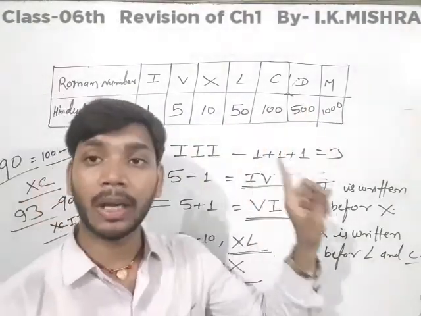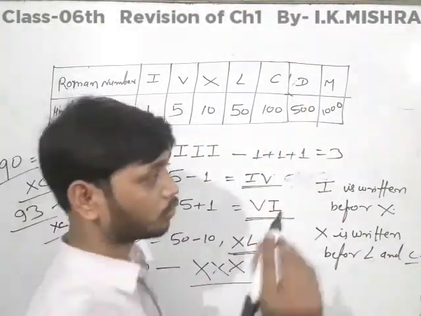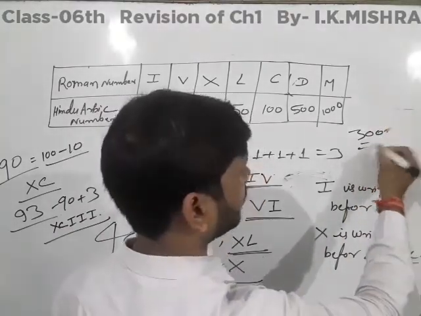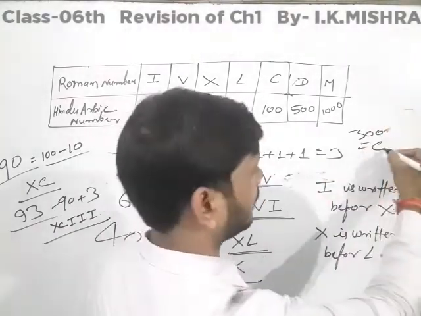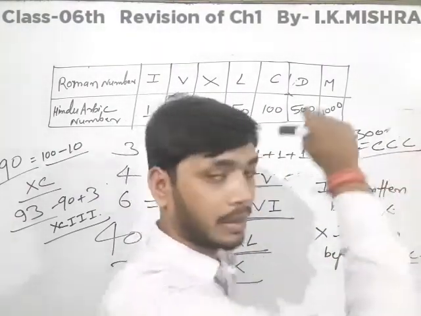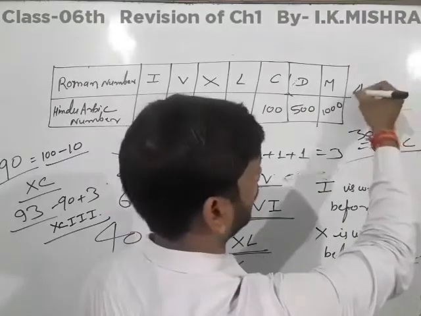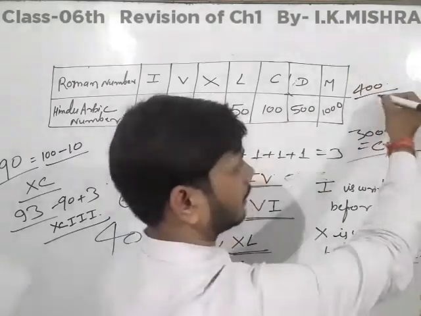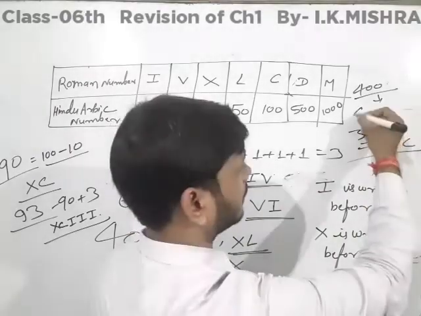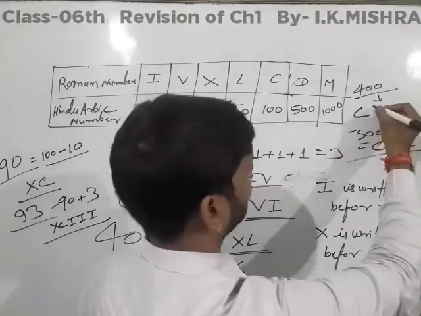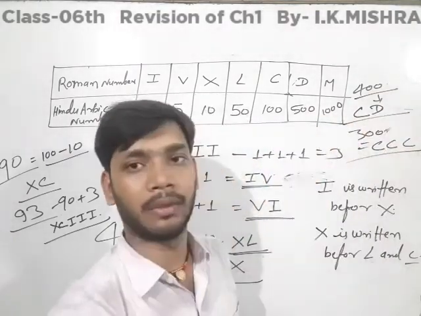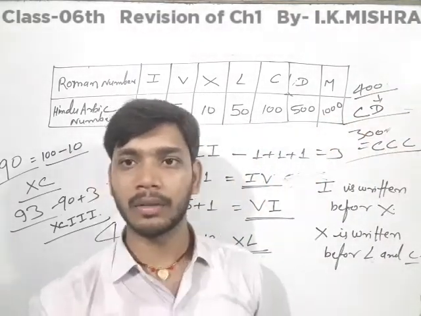Suppose you have to write 300. That means 300 will be written CCC, 100 plus 100 plus 100. But you have to write 400. That means you write CD, 500 minus 100, 400. Clear, students?